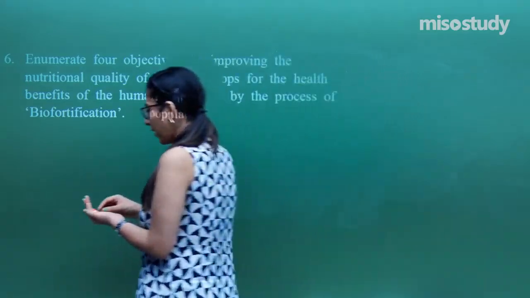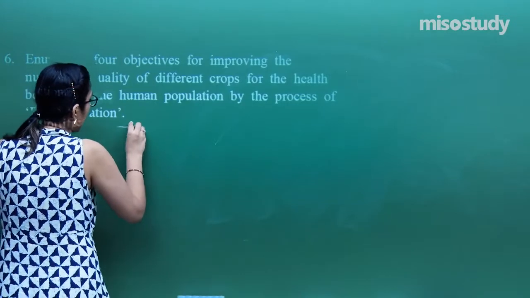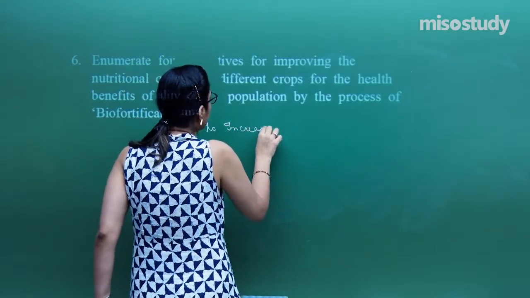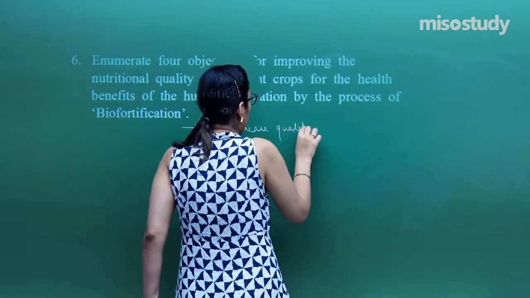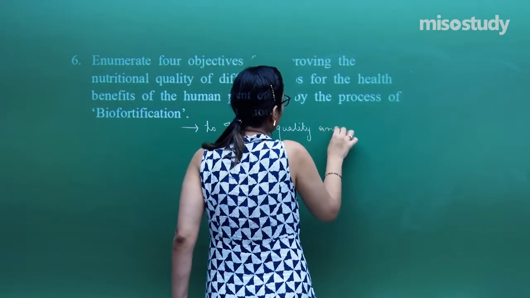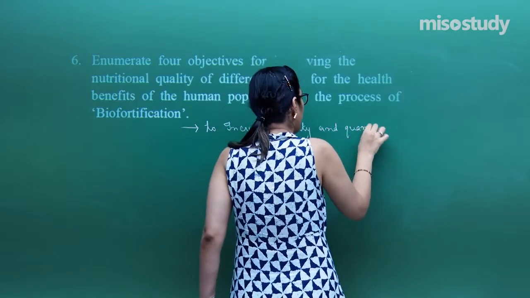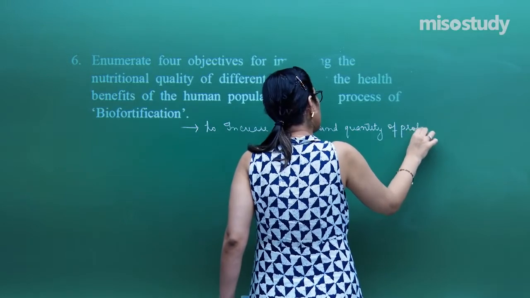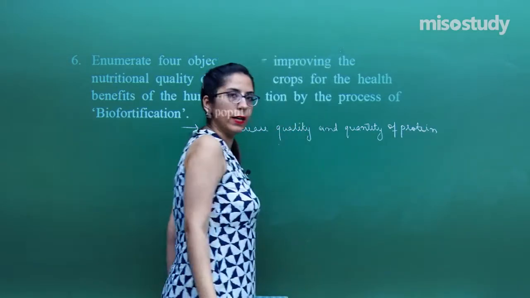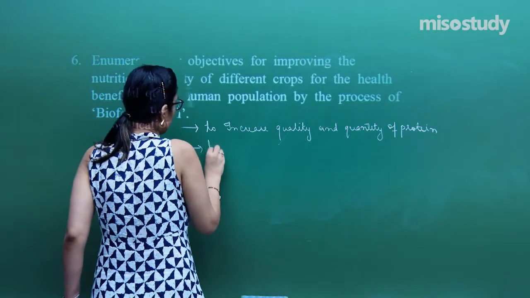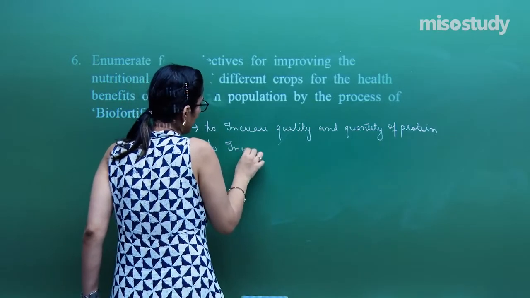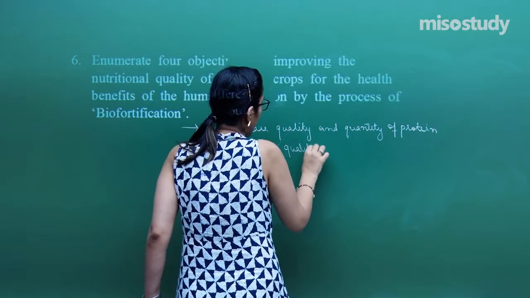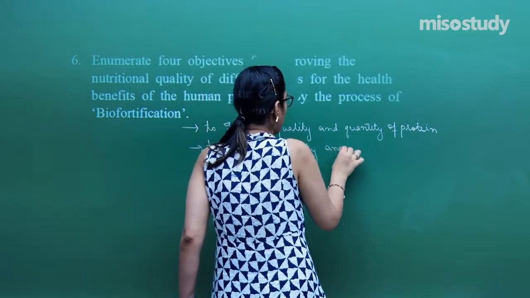4 objectives, a very direct question. The first is to increase the quality and quantity of protein, right. Second point is to increase the quality and quantity of oil.